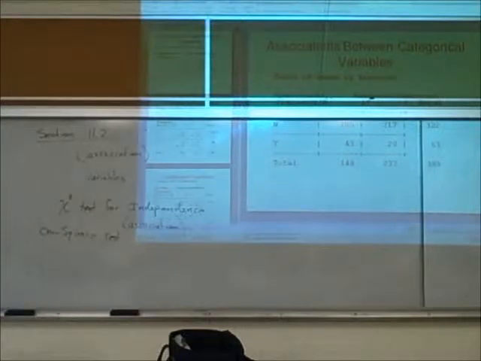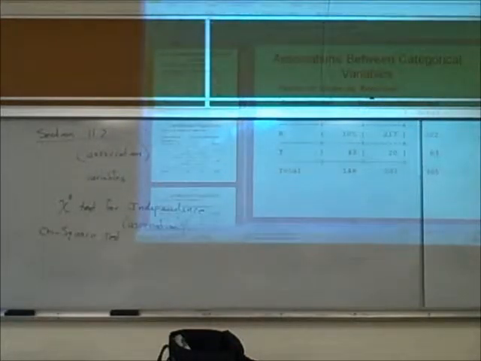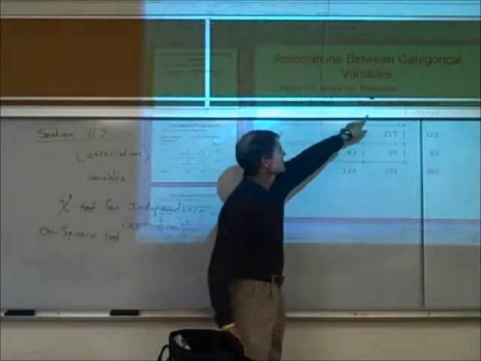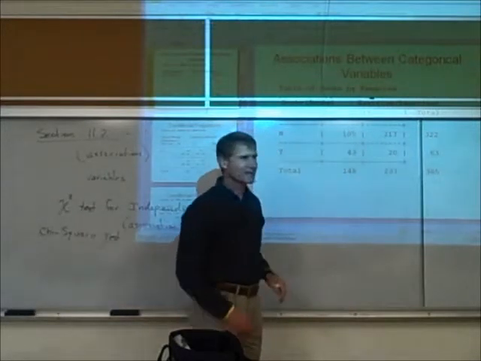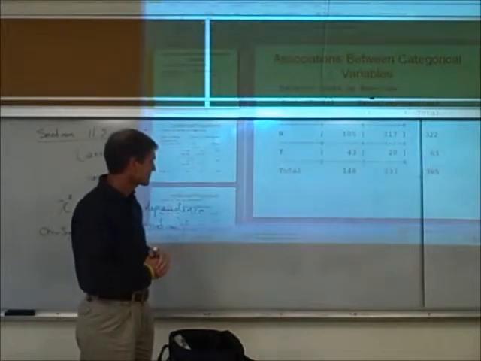Can I get the numbers? Yeah, almost. There, are those big enough to see? My no and yes ended up on here, but you can see them, right? I want to be able to write on them, so I don't want to have to pull the screen down.